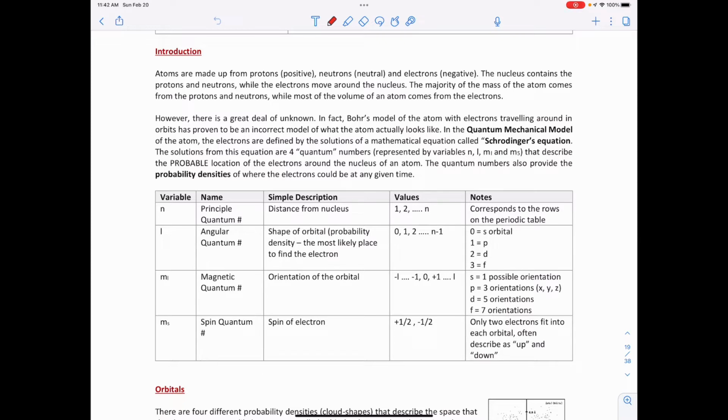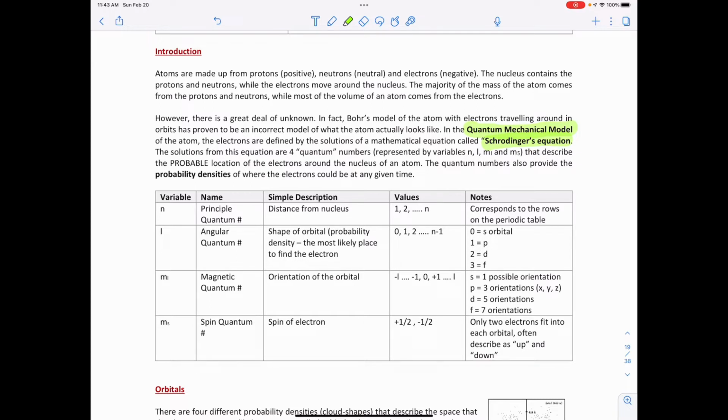In the quantum mechanical model of the atom, the electrons are defined by the solutions of a mathematical equation called Schrodinger's equation. If you think about the quadratic equation that you may have studied in pre-calculus, it can give you 2, 1, or 0 solutions.